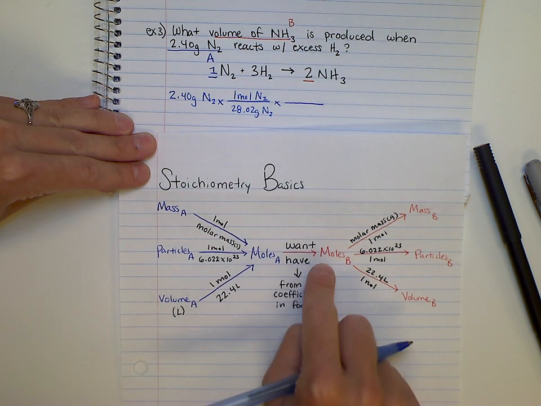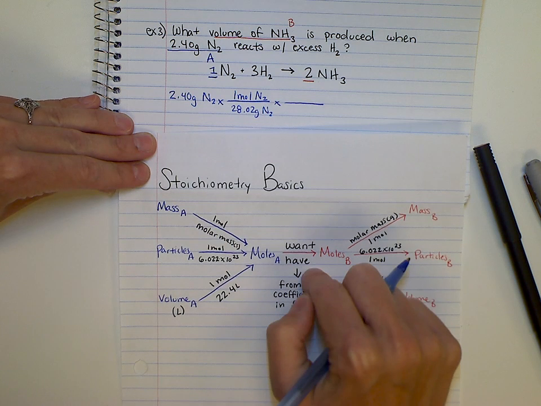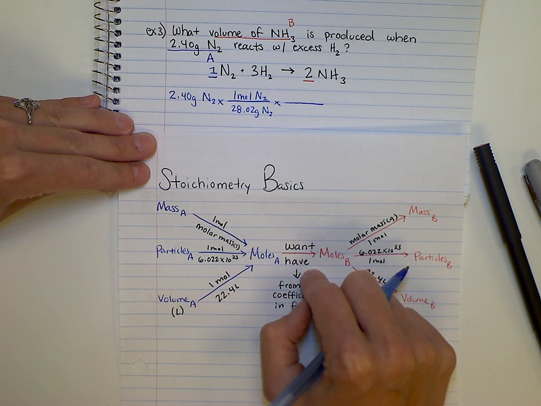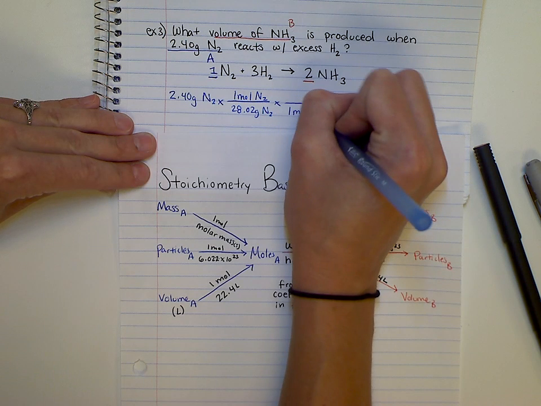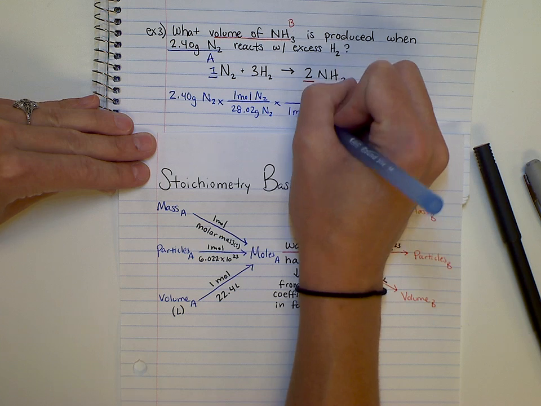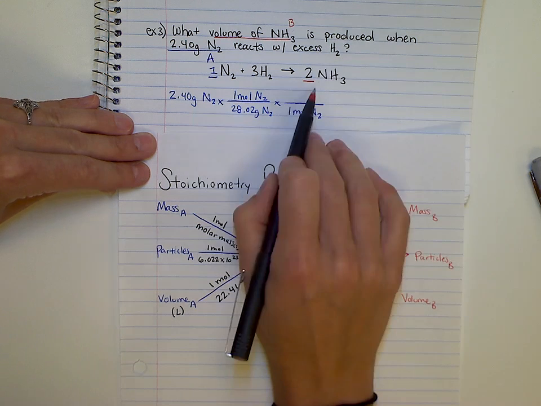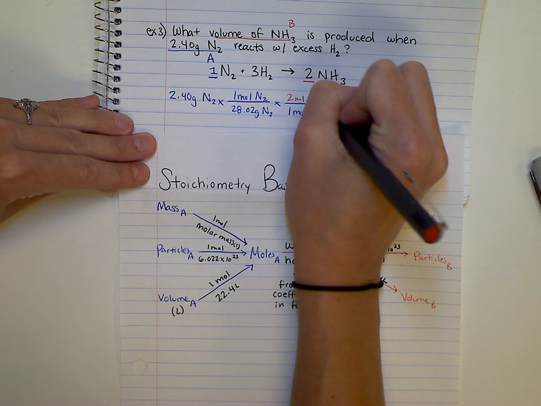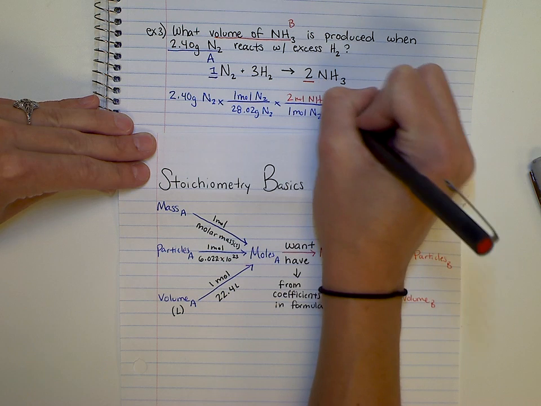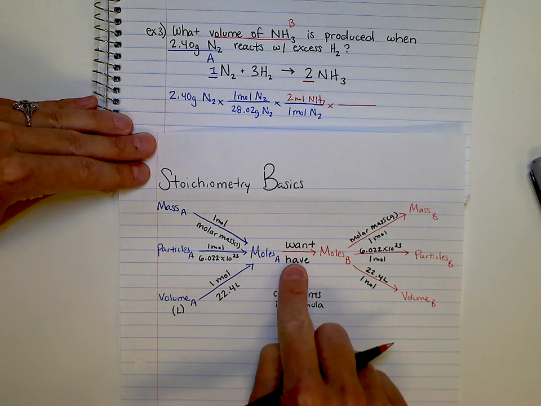The next conversion is my mole ratio step. I put want over have. So I have N2, that's 1 mole. N2, again, these numbers have to come from the equation itself. And then what I want is up here, I have 2 moles of NH3 on top. So that was my mole ratio step.